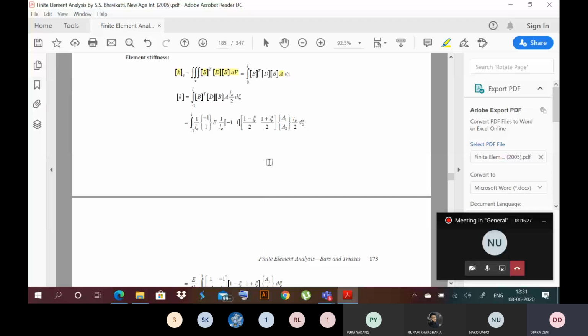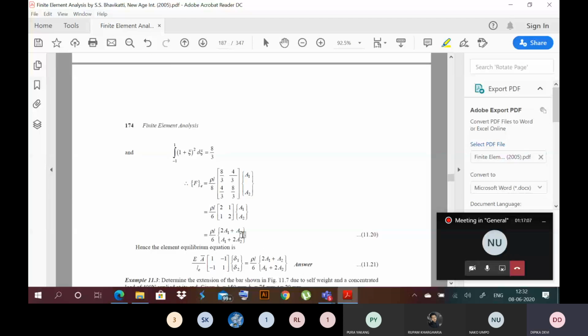Ultimately we get our consistent body force vector: rho into L by 6, times 2 A1 plus A2, A1 plus 2 A2. Putting the values of A1 and A2, we get a column vector that gives the contribution of this body force at nodes 1 and 2.